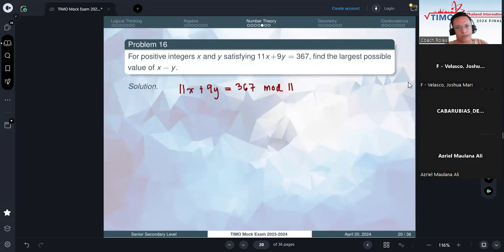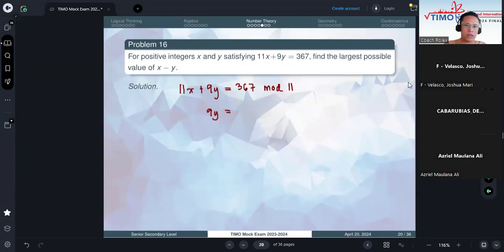So we take modulo 11 because we want to have integer values. From here, take note that 11 modulo 11 will become 0. For 9 modulo 11, we will retain 9y.